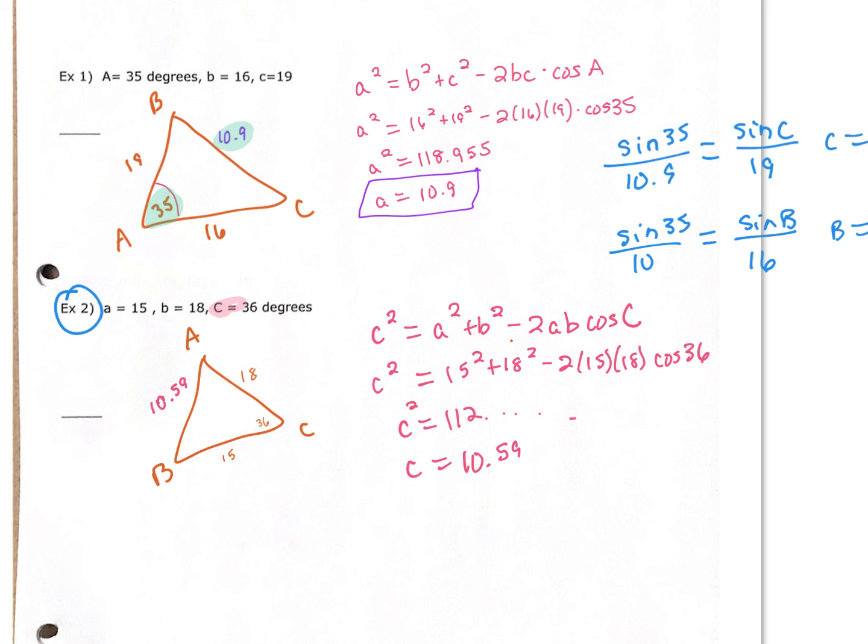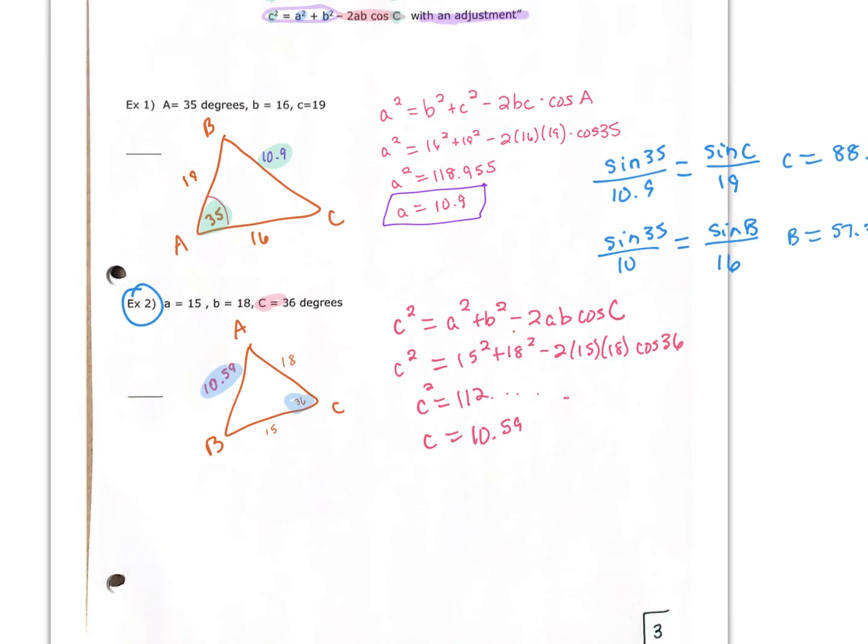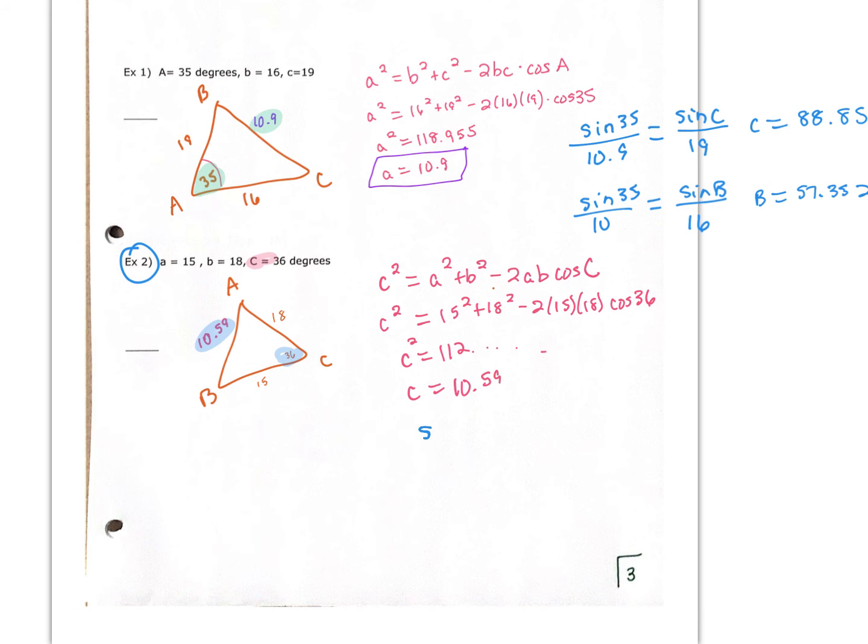And now we have angle and we have side opposite that angle, so we can go to our law of sines. So we would set up sine of 36 is to 10.59 as sine of A is to 15.